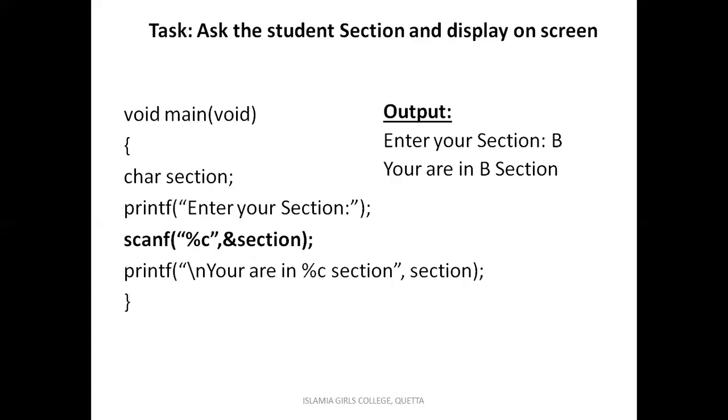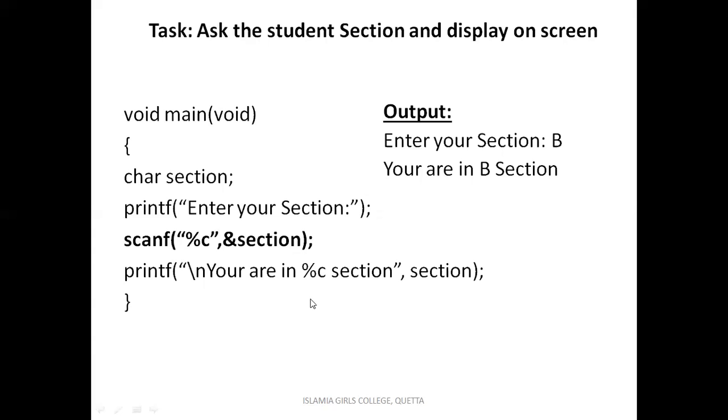In our next example, we are asking the student to enter his section. So his section could be A, B, C or D. So what type of variable should we be using? We will be using the character type variable for asking the student section. Therefore, I have declared a character type variable section, and for the character type, only 1 byte is reserved in the memory.